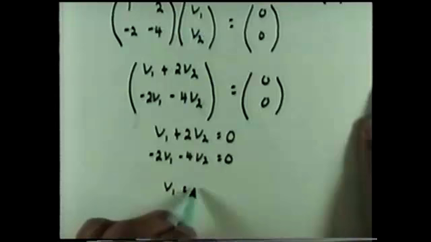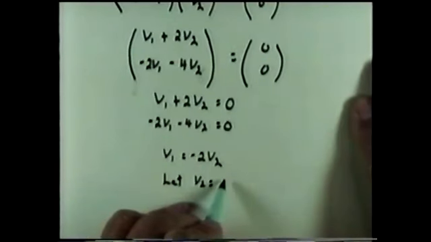I can write v1 is equal to -2v2. If we let v2 equal s, say, then v1 is equal to -2s.